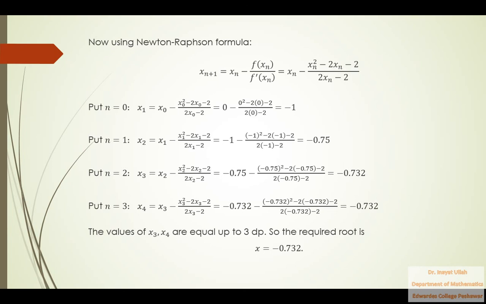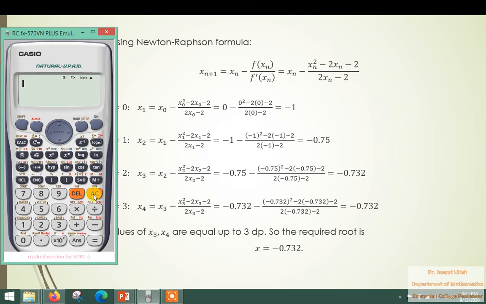And now, how could we find the solution with the help of a calculator? Let us try to use a calculator to find the different iterations in the Newton-Raphson method. Now this is the calculator. We just need to put this equation in the display of the calculator.